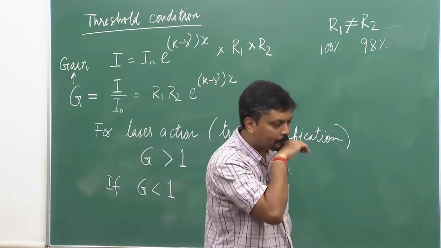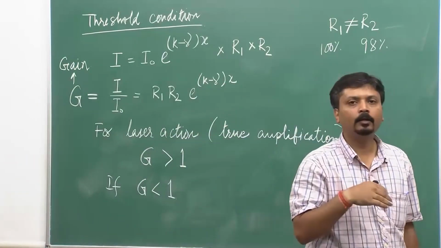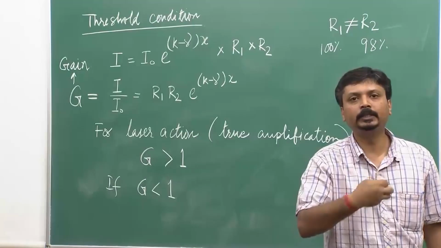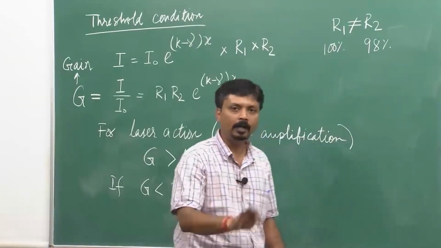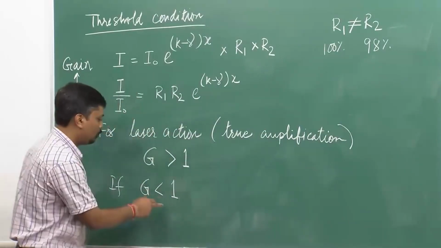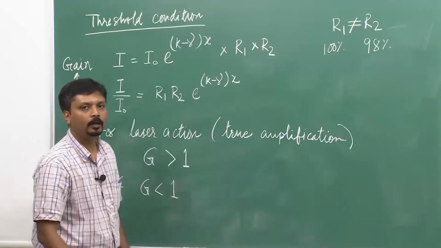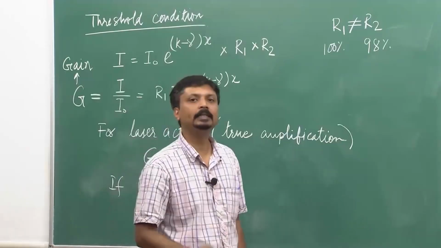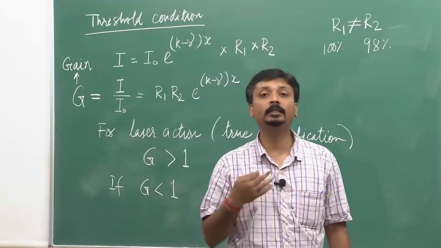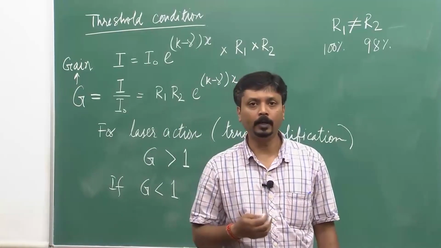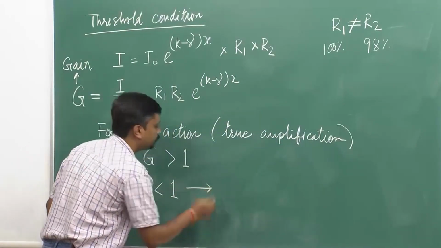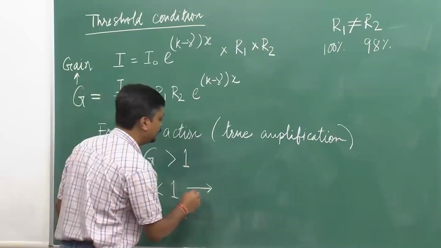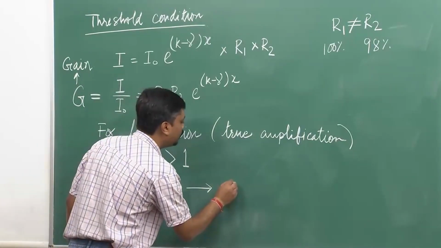So, essentially the photons coming out of my device, if I call it laser or whatever, when G is less than 1, the photon characteristics are very similar to the spontaneous photon. At this condition, the characteristics are very similar to spontaneous emission.